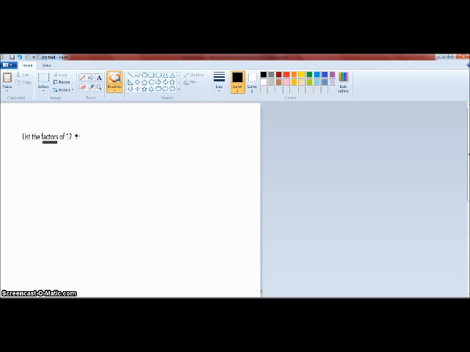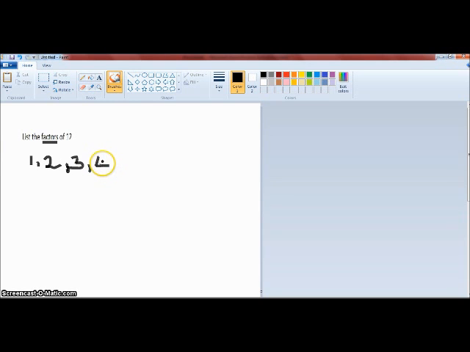So factors of 12 are 1, which can go into 12 without leaving a remainder. Then 2 can go into 12 6 times without leaving a remainder. 3 also can go into 12. How many times does it go into 12? 3 goes into 12 4 times.